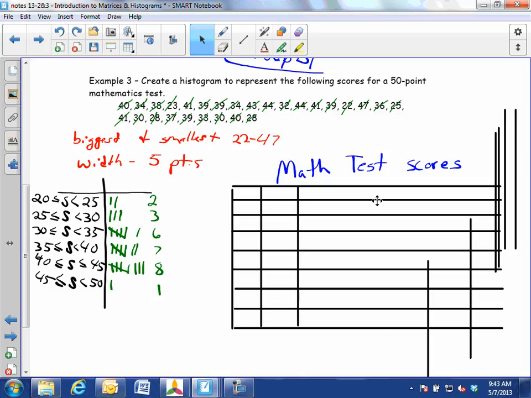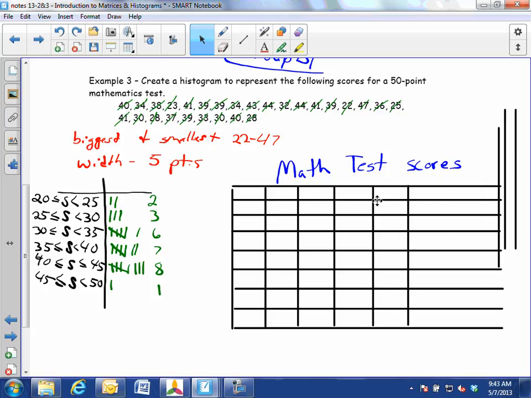These are our categories. We're going to have scores between 20 and 25, 25 to 30, 30 to 35. How many categories do we have? 6. I need 7 lines: 1, 2, 3, 4, 5, 6, 7.